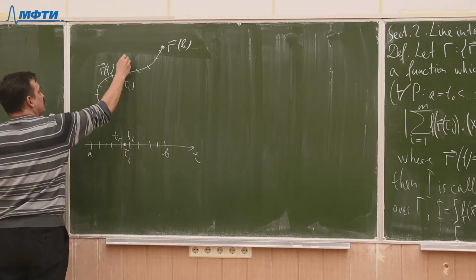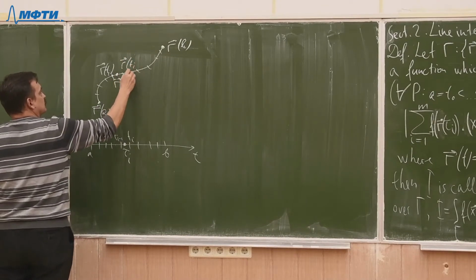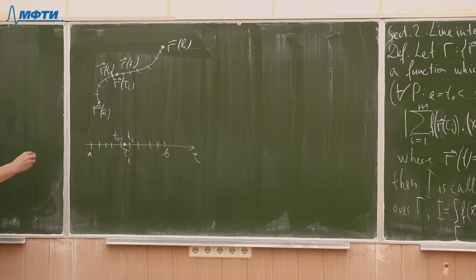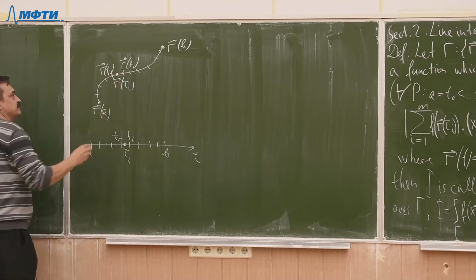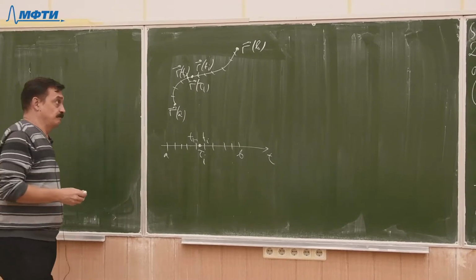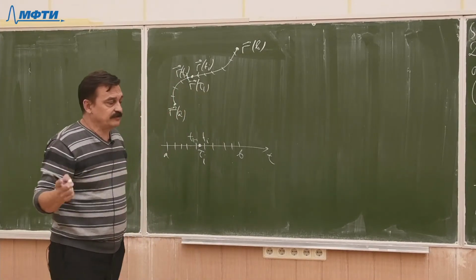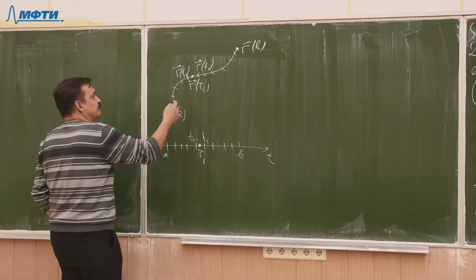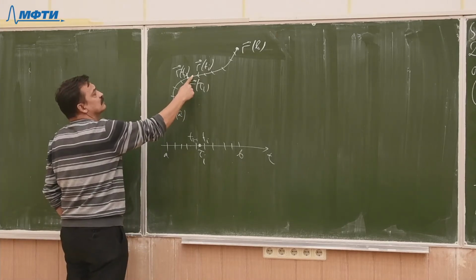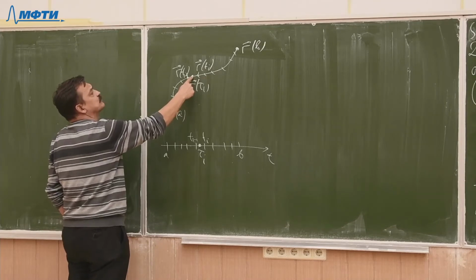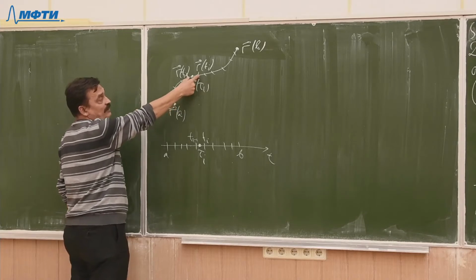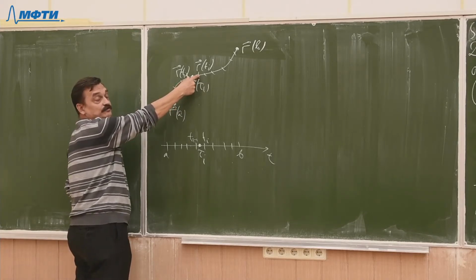Here we have r of t_i. So these are points on our curve. For the integral along a curve, the integral sum was formed like this: one term, we should multiply the value of our function onto the length of this piece of curve.